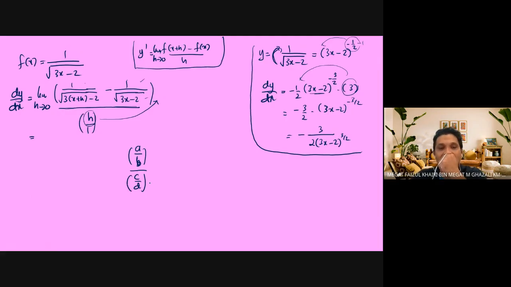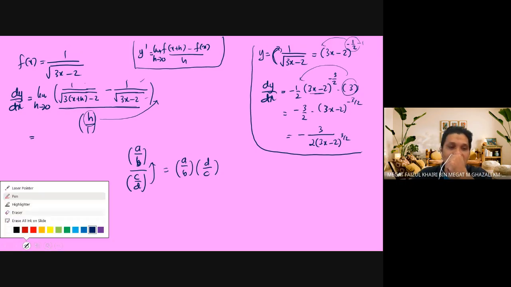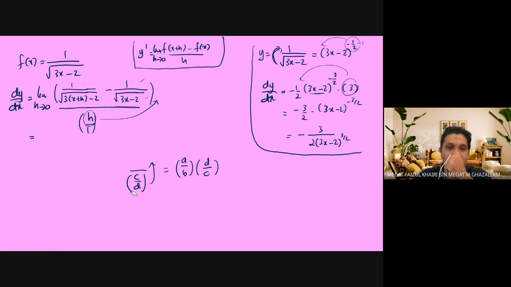Okay, let's simplify this. A over b times D over C, that's it. Change the position upside down, D over c. Good. So then, in this case, it's just like limit of h approaching 0.